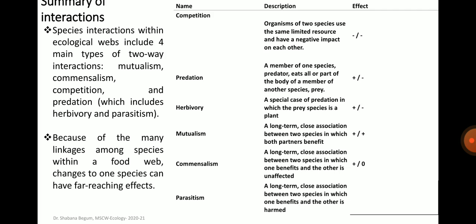Parasitism is a long-term close association between two species in which one benefits and the other is harmed. It is also like predation, a plus minus relationship where one organism will benefit, the other one is negatively affected. That means the effect will be positive, negative.